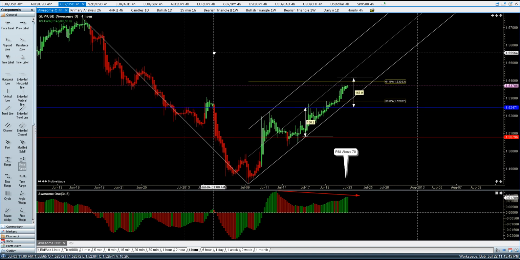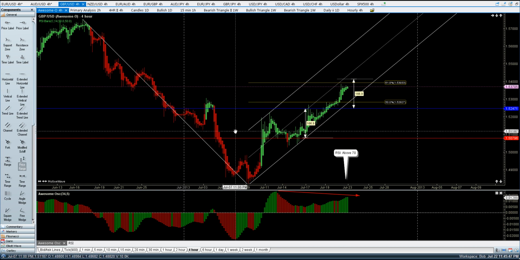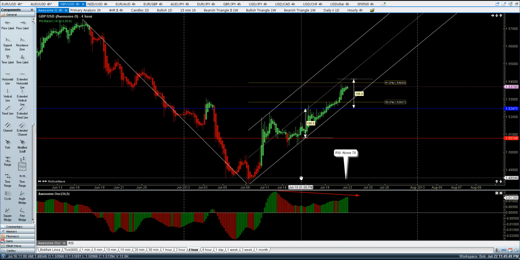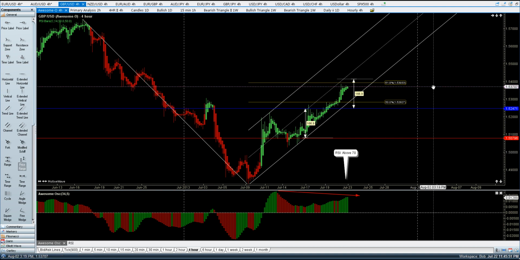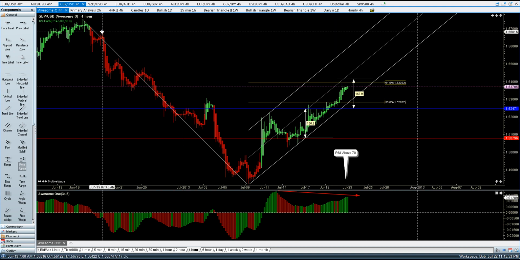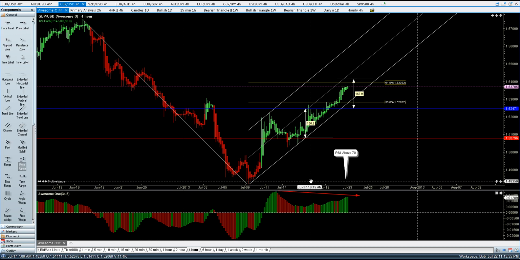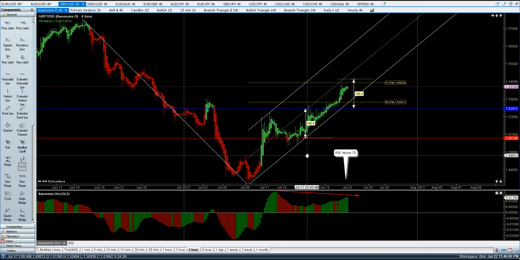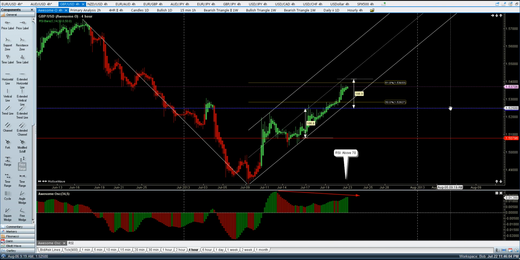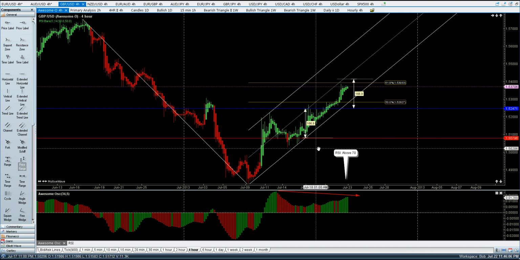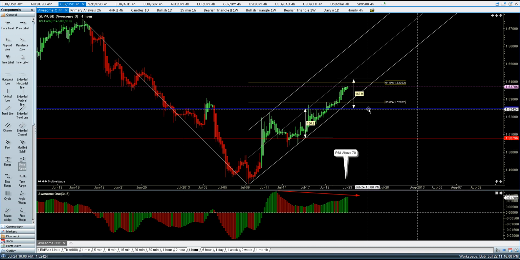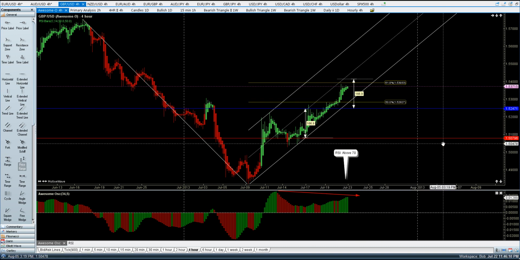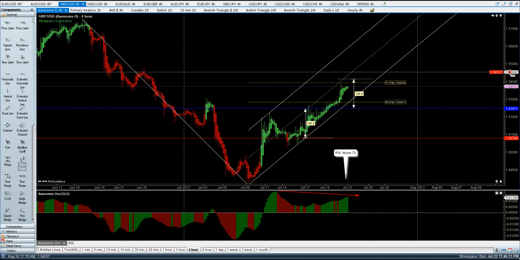Pound. We are just about at 61.8 retrace of this move down. We did have a trigger here at 52.47 for a long with a target. Ooh, don't have a target on there.